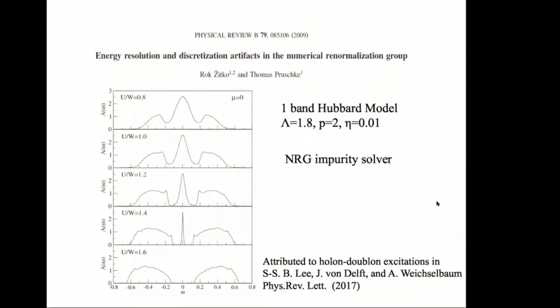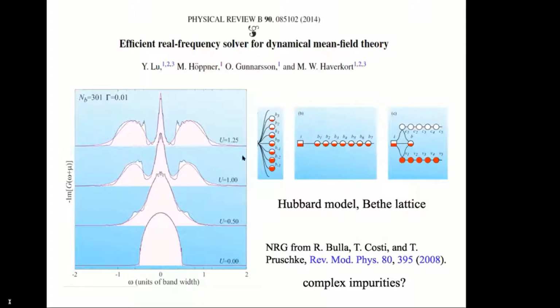Now, recently there has been a very important improvement using exact diagonalization for this effective impurity. Remember, we're concentrating on solving this effective impurity, which has all the interactions and is hybridized to a non-interacting band. So we have to solve for the Green's function of this impurity. Here we have again the one-orbital Hubbard model on a Bethe lattice, cranking up U from 0 to 1.25, and here we have a narrowing of the peak.